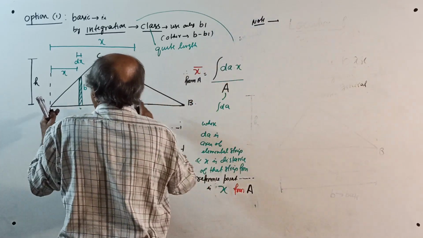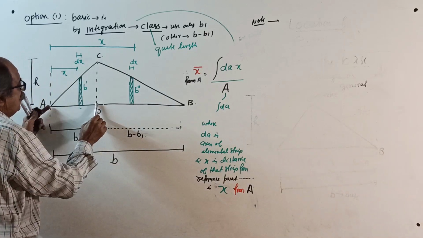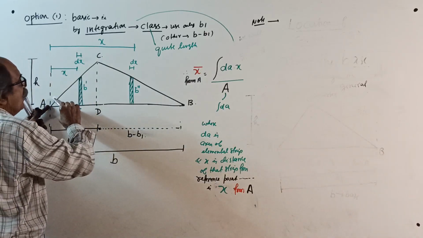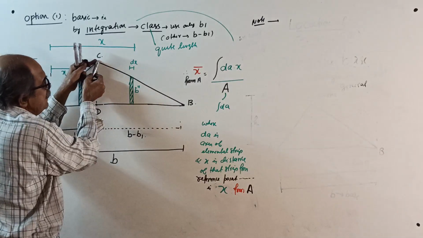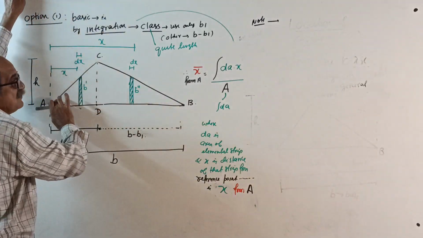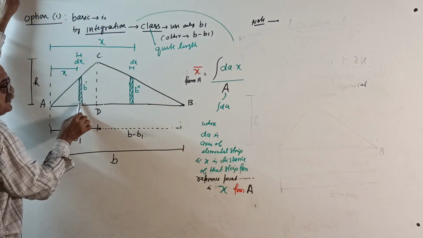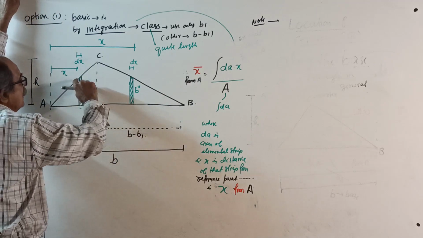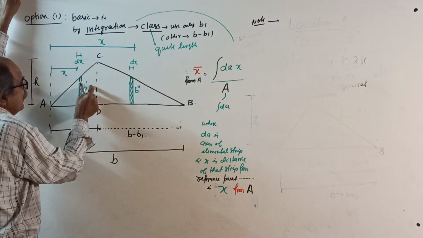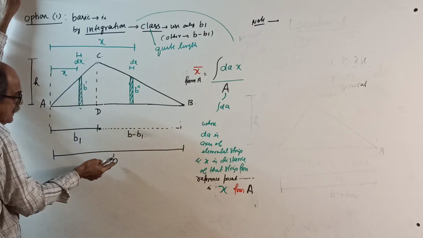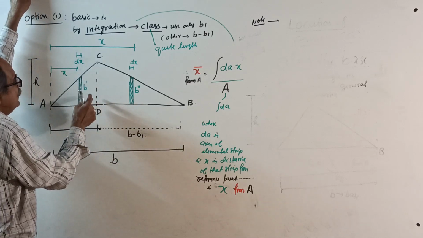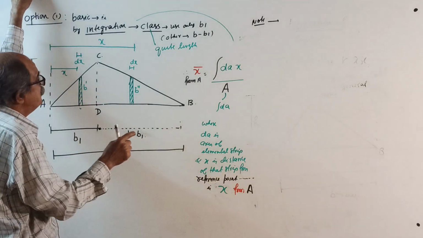Since from A to C, A to D, the height keeps on increasing, then again it decreases. Therefore, a single variation you can't do. As you go here, the strip height will keep on increasing. Height or width, no problem. This B is not that B. This is B dash, the width of the strip.